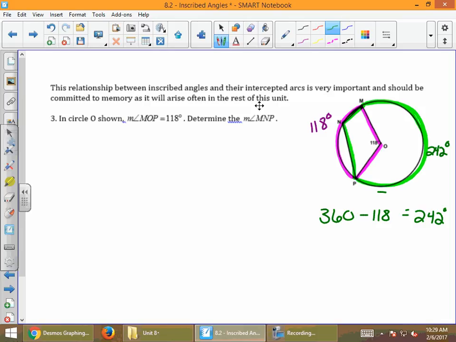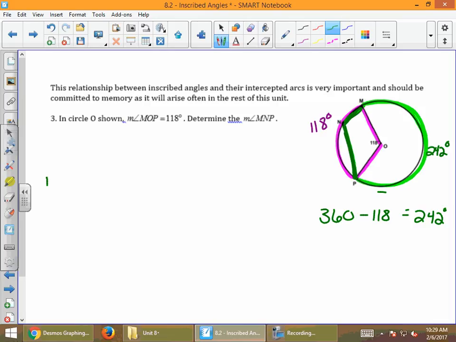So you have to ask yourself, is the angle in the center or on the edge? And again, we're finding this green angle right here. Is that green angle in the center or on the edge? On the edge. So whenever the angle's on the edge, what do we have to divide the arc by? 2.